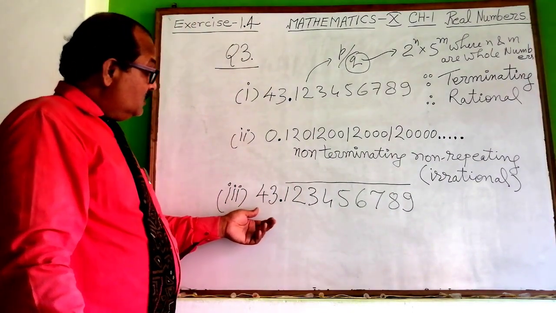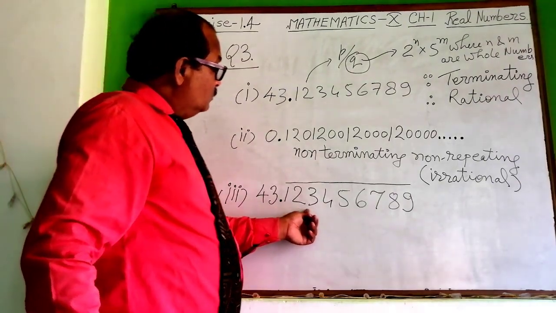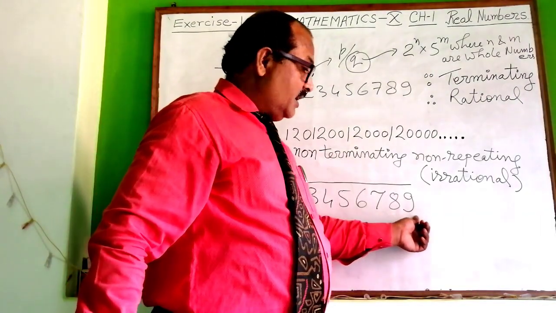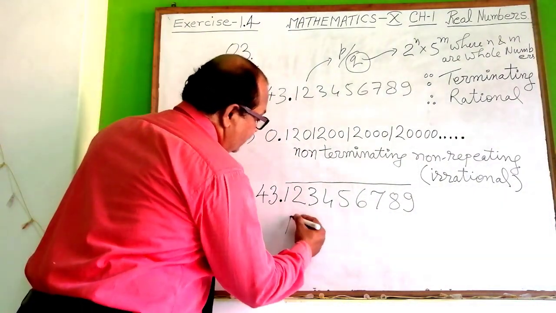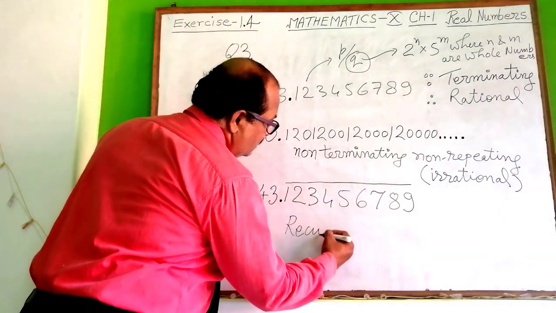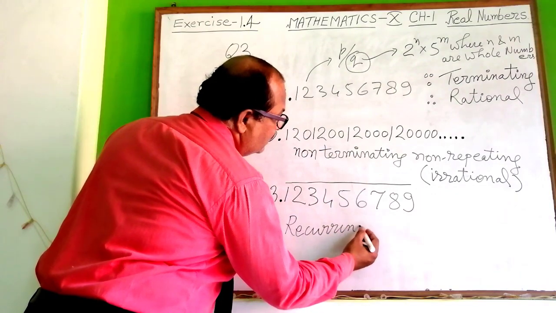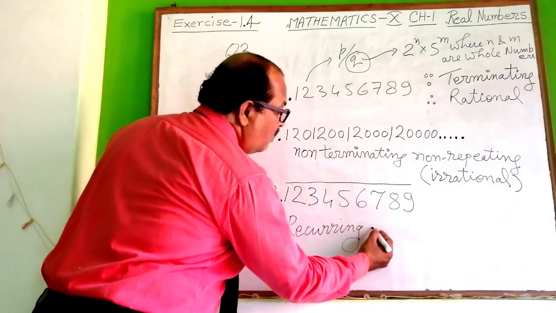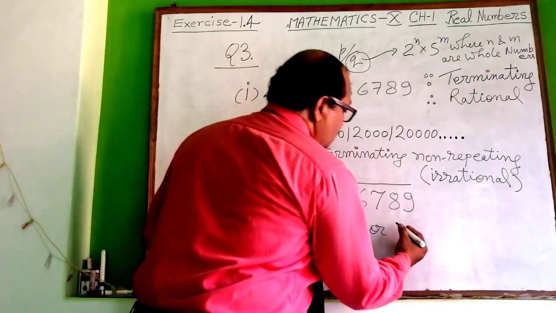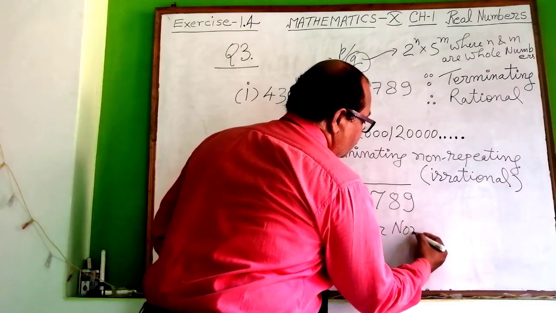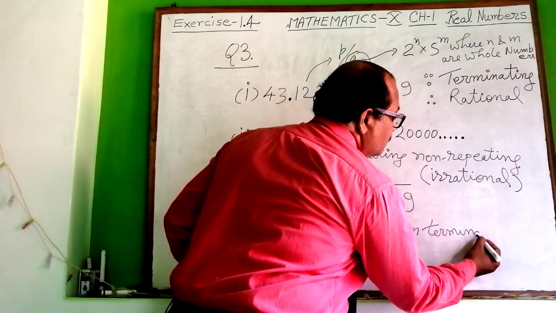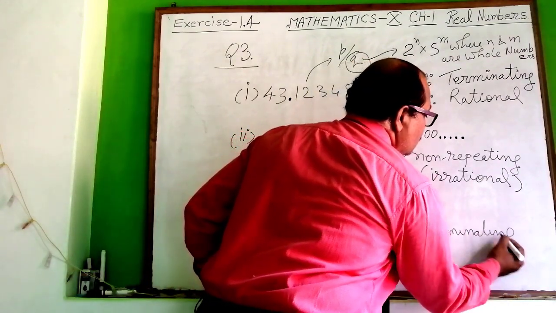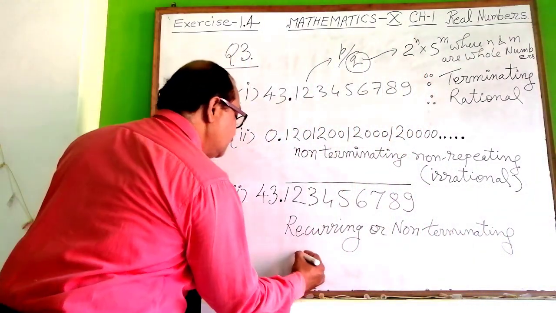Third part: 43.123456789. You can see this number is a recurring decimal, or I can say non-terminating repeating.